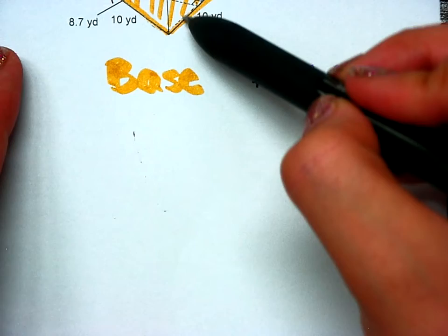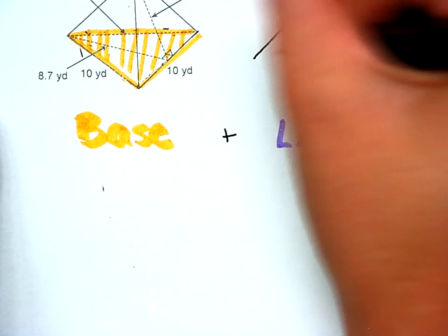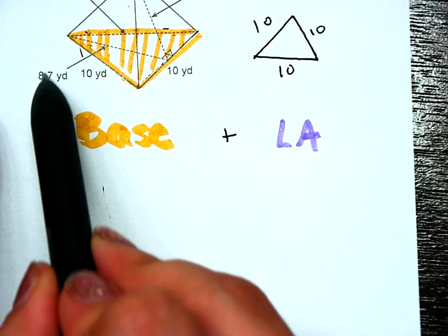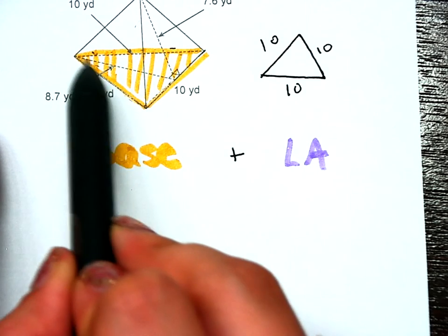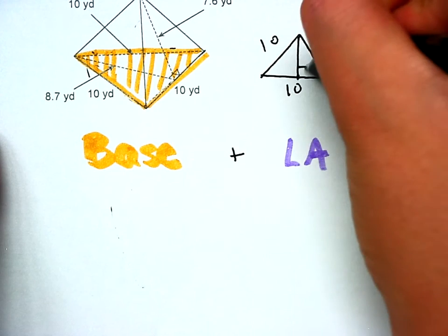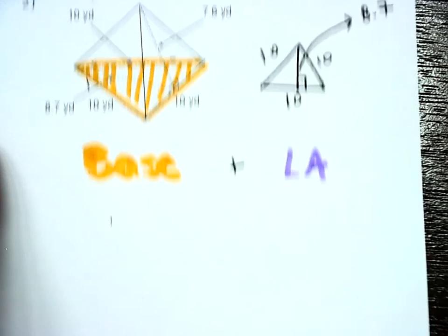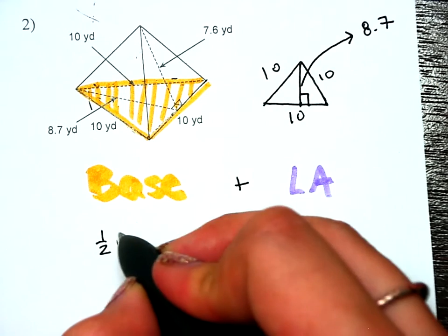We've got, and I'm even going to just draw it right here so we can see it. So we've got this equilateral triangle, 10, 10, 10. And then in the picture, you'll see right here, it has actually given us the height of that triangle. So I'm going to point out it's 8.7. And that's all we need to find the area of a triangle. So 1/2 base times height.